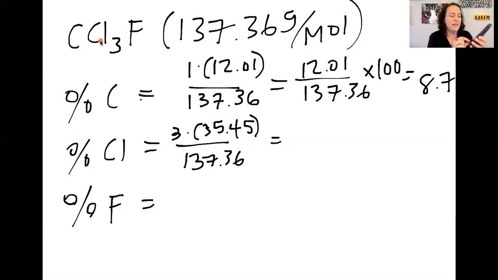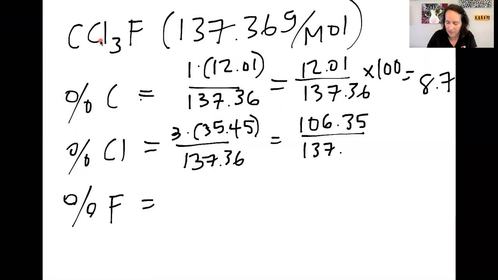So let's simplify that. 3 times 35.45, 106.35. Divide that by 137.36, multiply it by 100, and I get 77.4%.